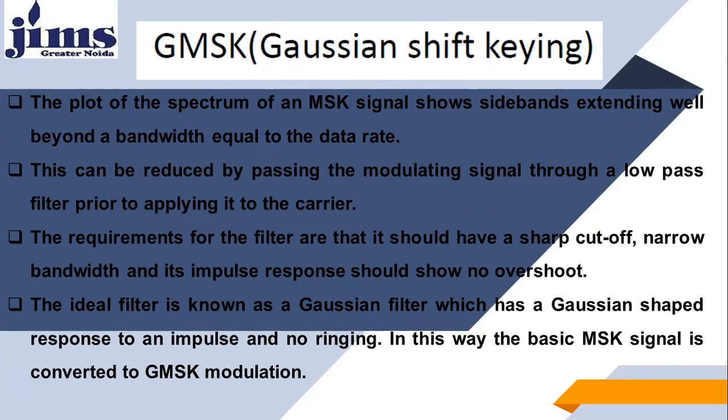Third, the requirements for the filter are that it should have a sharp cutoff, narrow bandwidth, and its impulse response should show no overshoot. And last, the ideal filter is known as the Gaussian filter, which has a Gaussian shaped response to an impulse and no ringing. In this way, the basic MSK signal is converted to GMSK modulation by using this Gaussian filter.